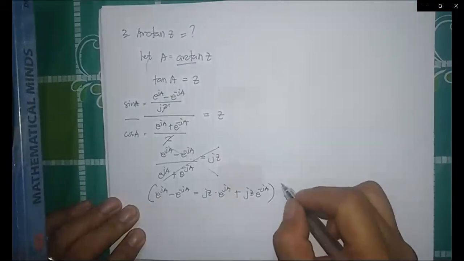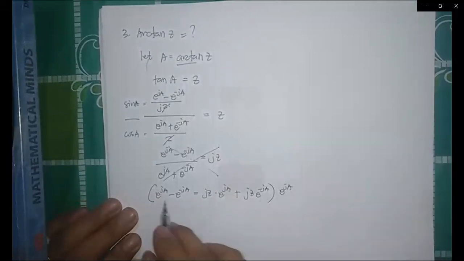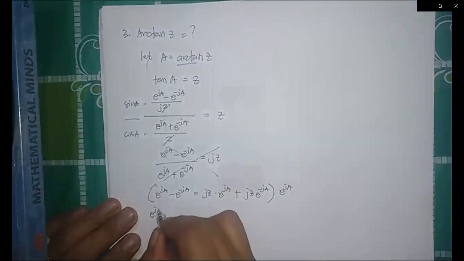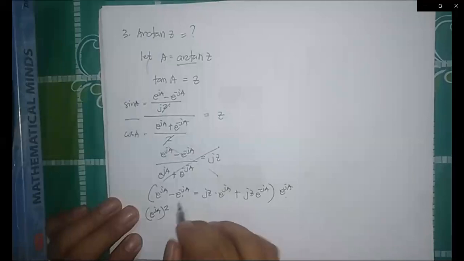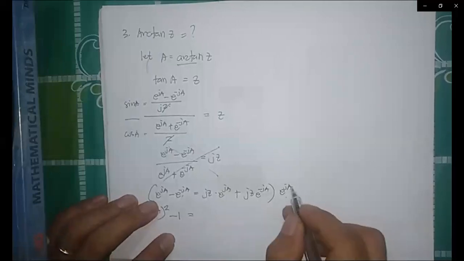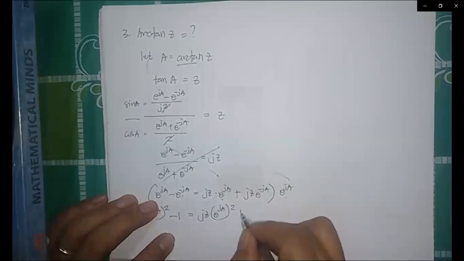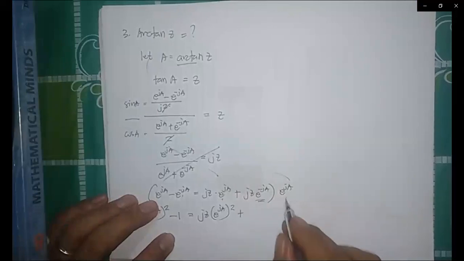And again, we will multiply the whole equation by e raised to ja to make it a quadratic equation. So this time, this will be e raised to ja quantity squared. Okay, that will become 1. And again, this will become 1. So what will remain here is jz.